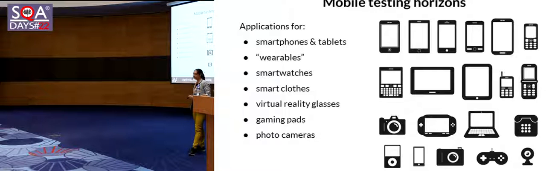It applies to all smart things and wearables, like smartwatches, clothes with any chips, and any smart devices. There are also gaming pads and photo cameras with Wi-Fi and applications in them. We are actually surrounded by devices that are smart enough to have some testable functions.